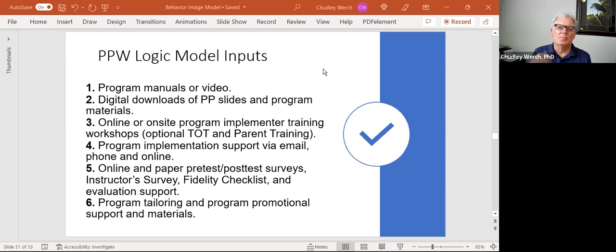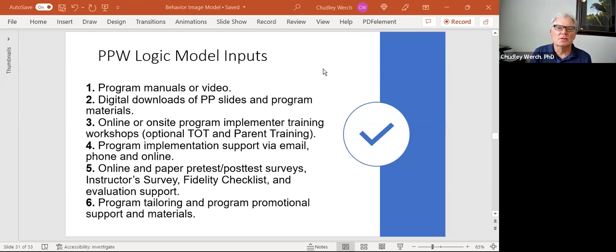Number five, online and paper pre-test, post-test surveys, instructor surveys, fidelity checklists, evaluation support, so that you get the data to inform how well your program's working, to promote your program and to improve your program. We feel that's very important, that data-based decision-making. That's why we build in those free evaluation tools. Number six, program tailoring and program promotional support materials. We want you to promote your program.